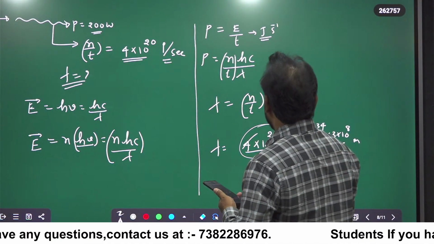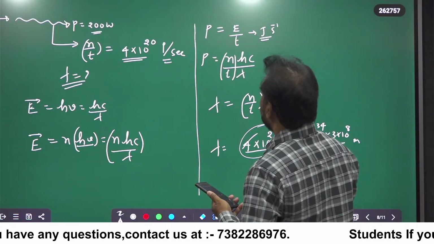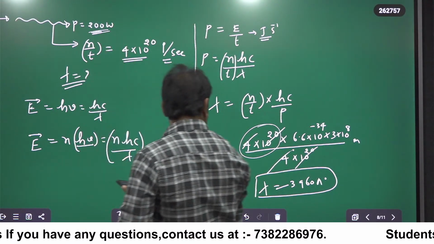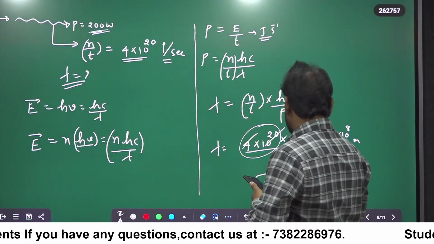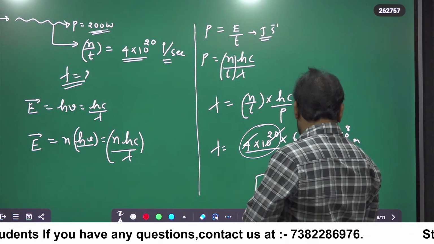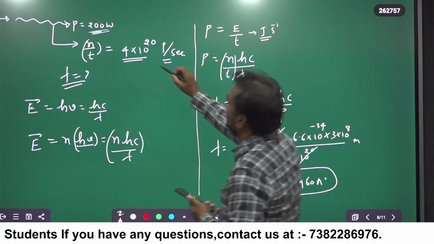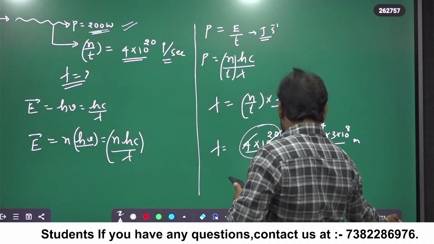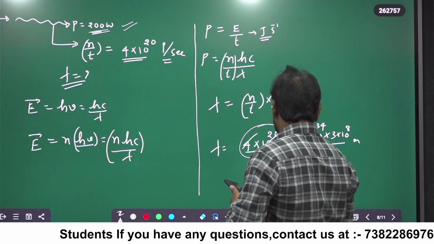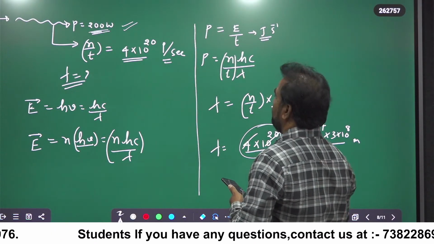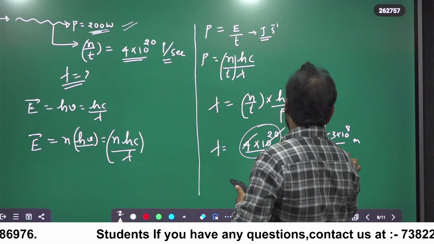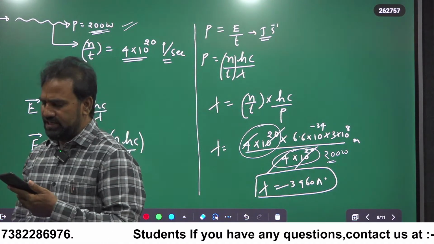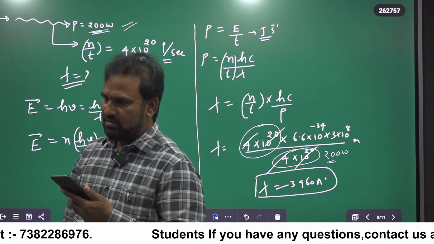N by T was given, no? Here we have to calculate that. P was given as 200 watts, no? In that also we should calculate the P value. P is 200 watts. You have substituted 4 into 10 power 20. Instead of this one, you can put 200 watts. Okay. Is it clear? Okay, sir. Thank you, sir.